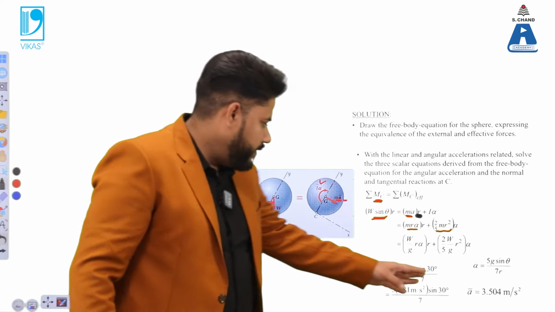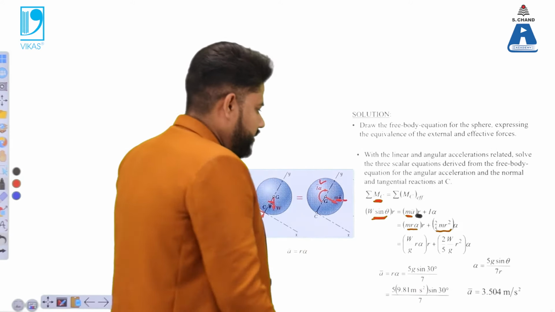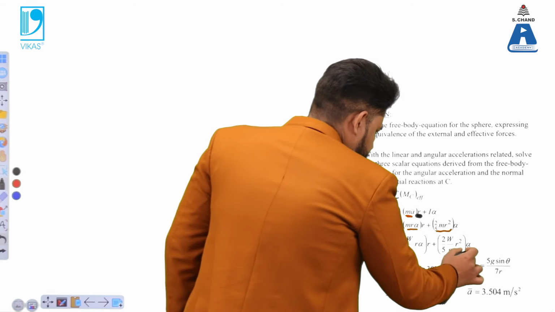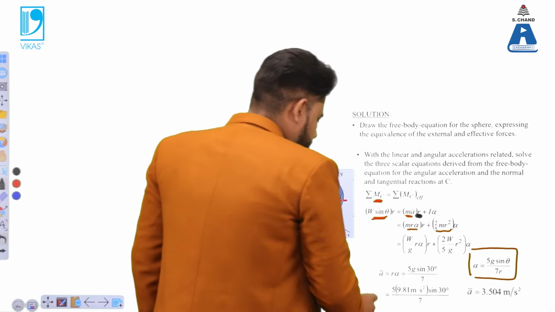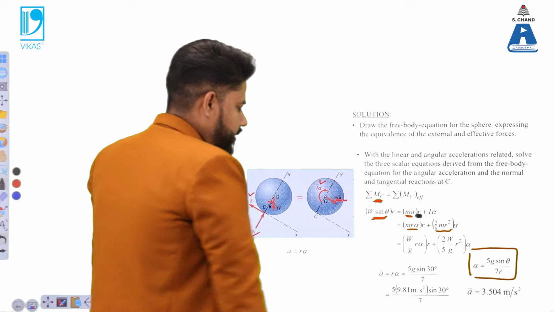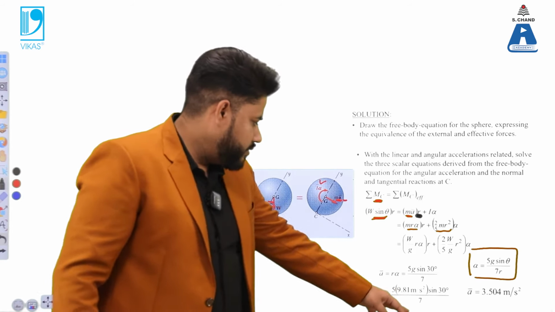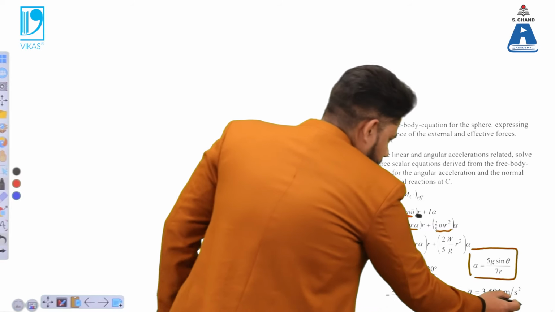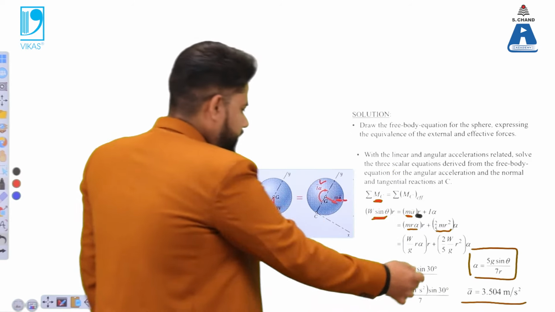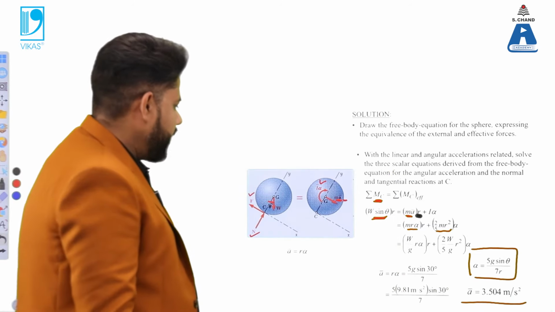So on solving, we'll get the value of this acceleration component, and acceleration A is equal to R into alpha. So we can substitute this value so that this acceleration component can be obtained.